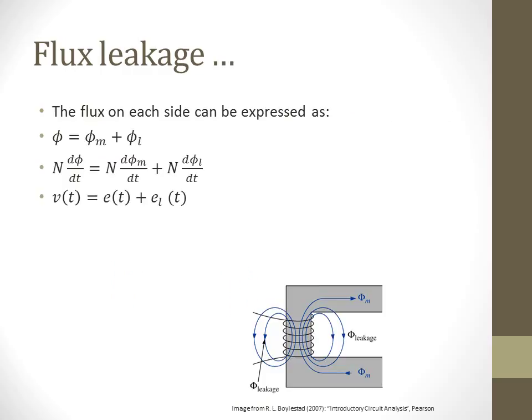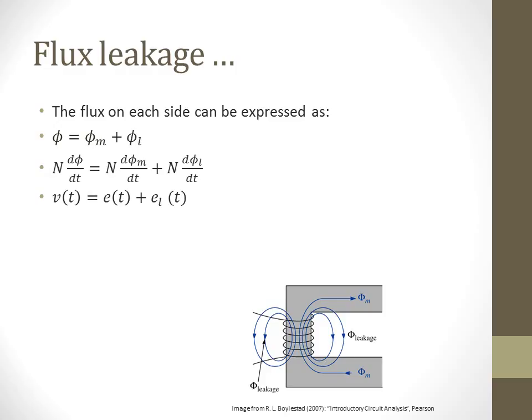The total flux at any side of the transformer can be written as phi is equal to phi m plus phi l, where phi m is the mutual flux which travels through the core, and phi l is the leakage flux.